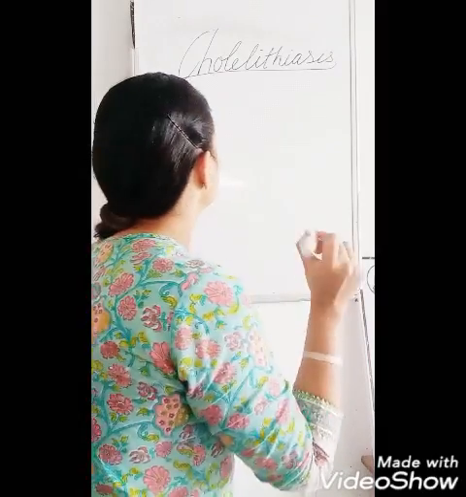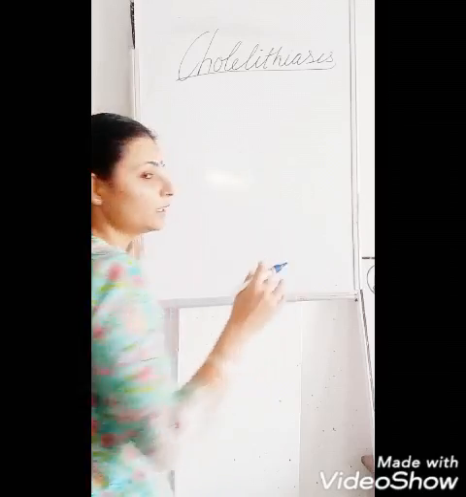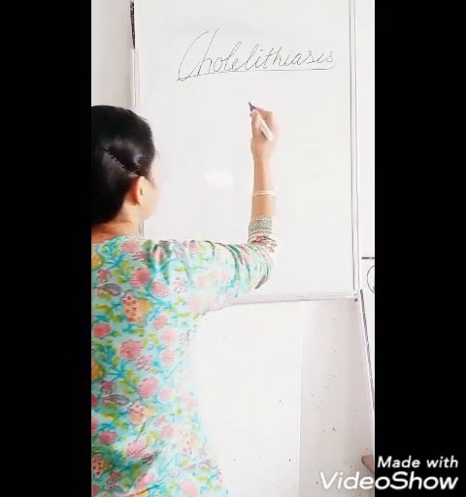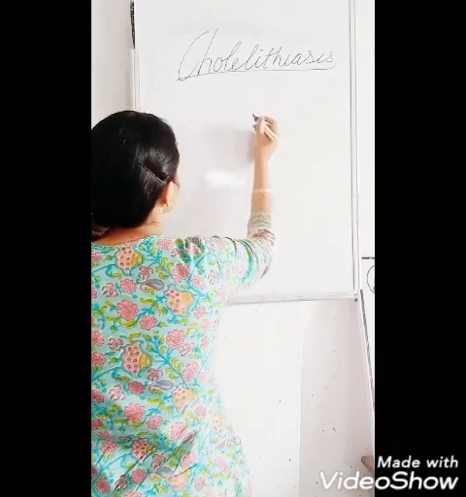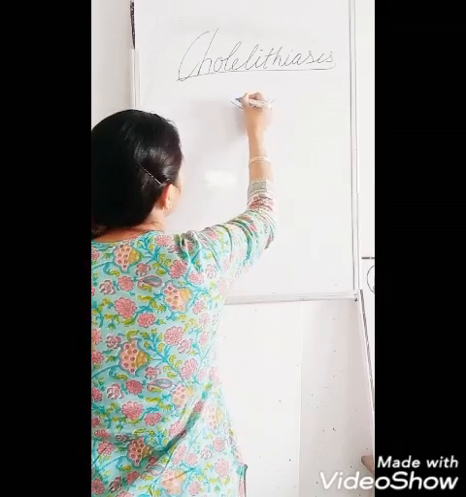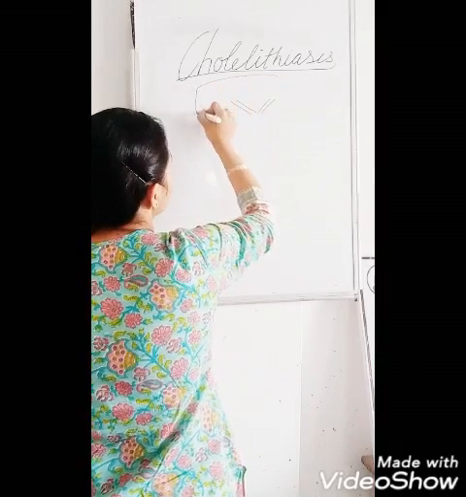So here I am drawing a rough diagram. The gallbladder is shown in green color, but I have blue color, so I am making these. These are the ducts, the extrahepatic ducts. The intrahepatic ducts are in the liver.